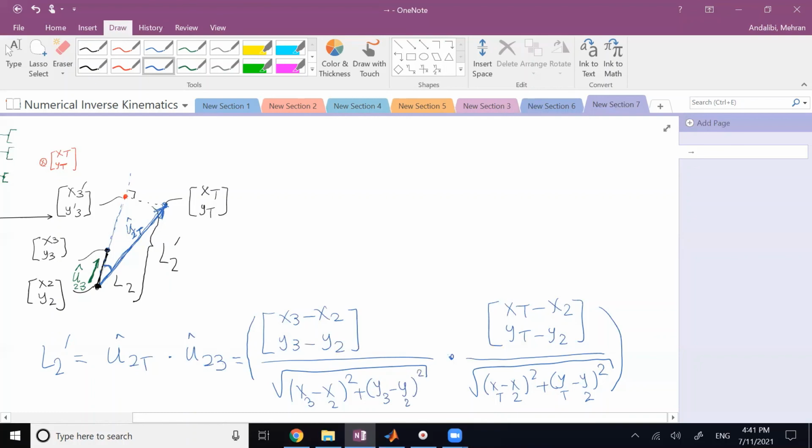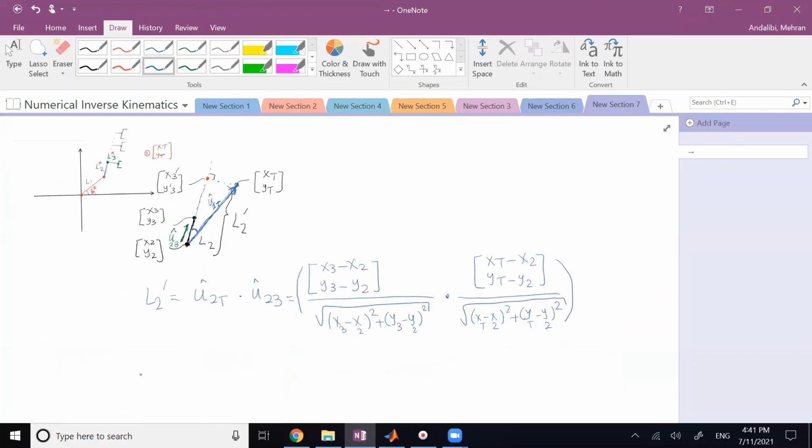Done. That's L2 prime, and then the distance that I need in that prismatic member, the amount of displacement, you can call it D2, for example. That D2 is simply L2 prime minus L2. L2 prime is calculated, L2 is not a constant, it's the current value of it. So the difference between them is the amount of displacement in that prismatic joint to bring it closer.